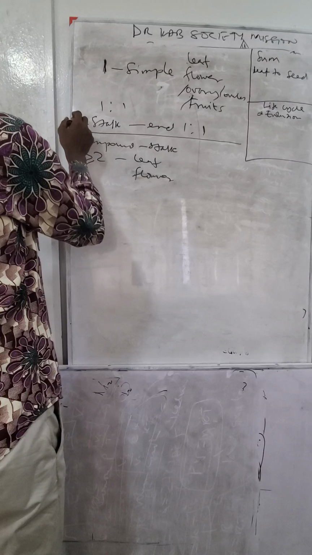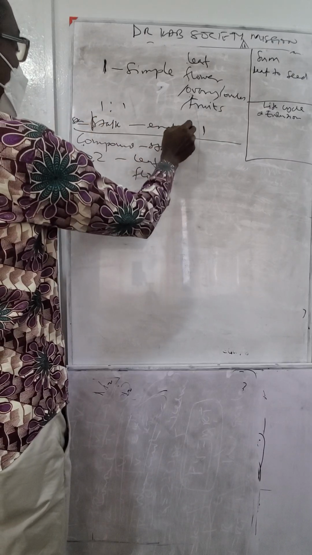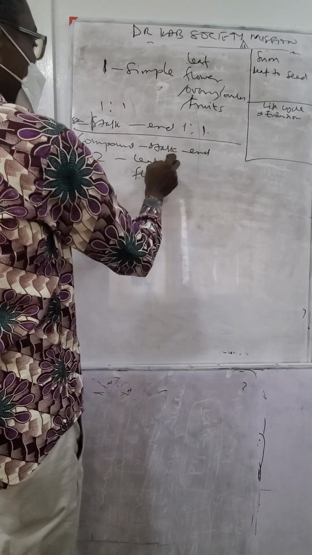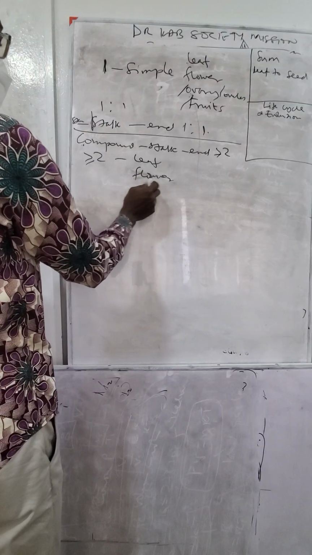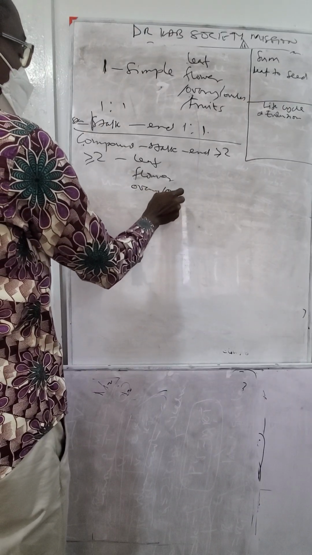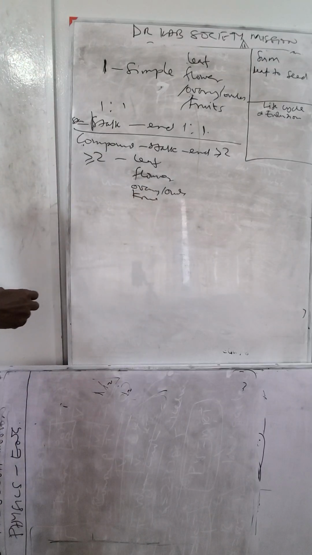Starting from the stalk to the end is 1:1 for simple. When you have greater than or equal to 2, either for the leaves, the flowers, the ovaries or ovules, and then the fruits, then that is compound.